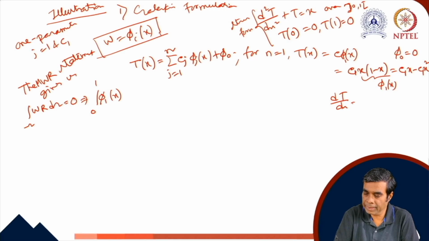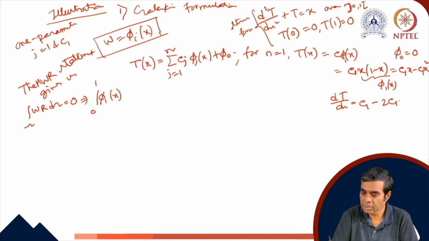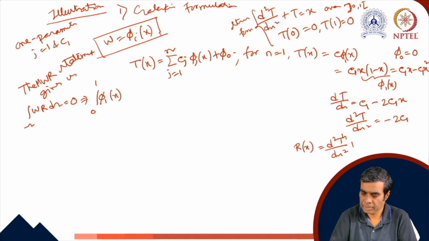We have already T(x) equals C1x minus C1x square. So dT/dx equals C1 minus 2C1x, and d2T/dx2 equals minus 2C1. So our residual is d2T/dx2 plus T minus x, not equal to 0.